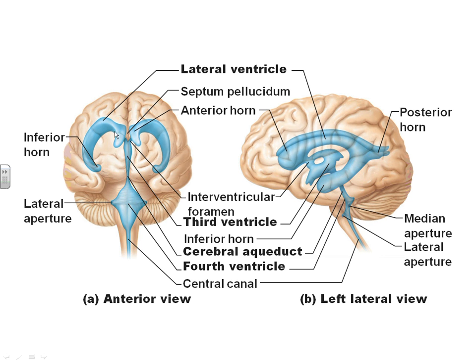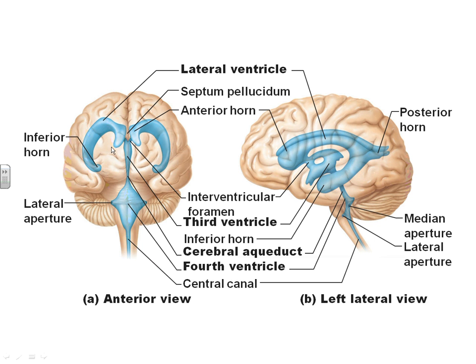If we look at a picture, we have 2 lateral ventricles shown here. One ventricle that runs down the center portion of the brain, the third ventricle, and then coming further down, we have the 4th ventricle. The 4th ventricle lies in the middle of the brain stem.